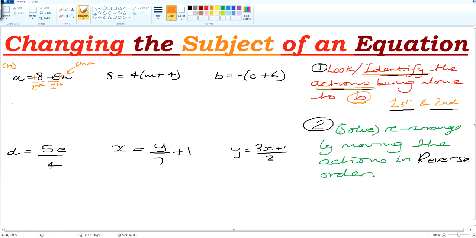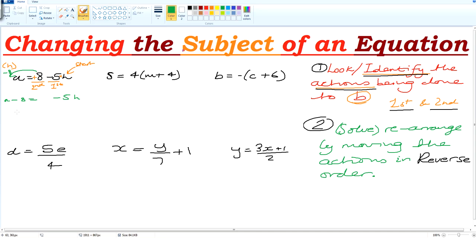That's the second action. So now, according to our rule, which action shall we start to move first? Second action. So grab the +8, change side, change the sign: -8. I'm going to have to try to squeeze it in. I'm trying to follow my own rules of keeping the equal signs lined up. It's a bit difficult.